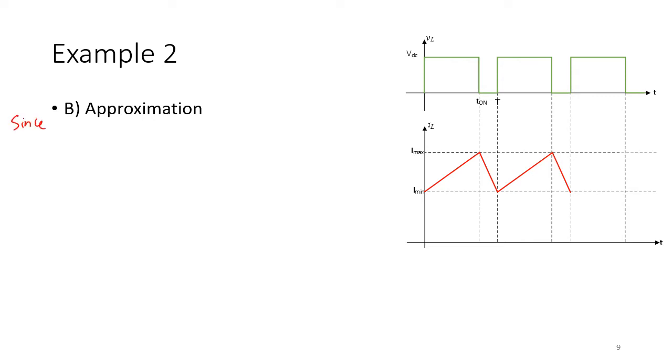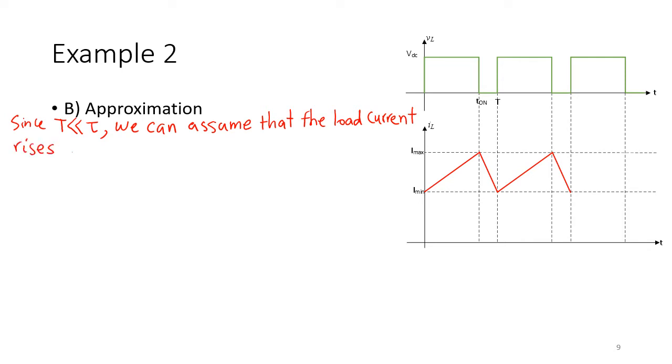So since capital T is much smaller than tau, we can assume that the load current rises and falls linearly with respect to time.